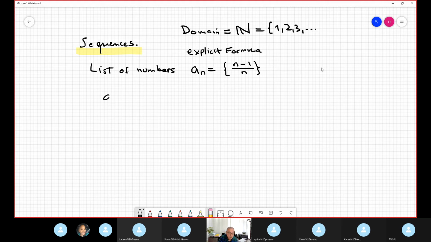Entonces a1 is 0, the first guy in the list, is 0, comma, a2 is 1/2 because n is 2, 2 minus 1 is 1, 1/2. a3 is 2/3, right? 2/3. n equal 3, 3 minus 1 is 2, and so on. a4 is 3/4. And a5 is 4/5.